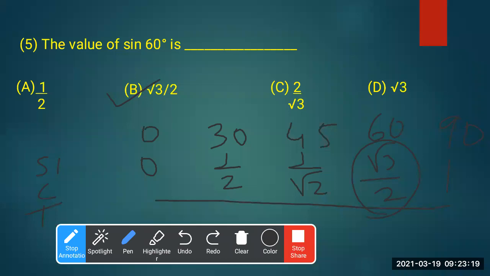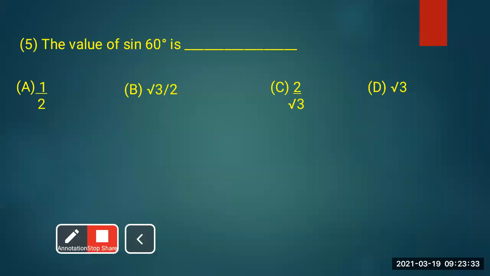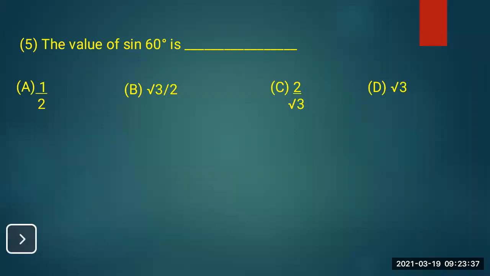Students, at least try to remember the order and the first values, that is the values of sine theta of the respective angles. It will be easier for you to remember the remaining values.